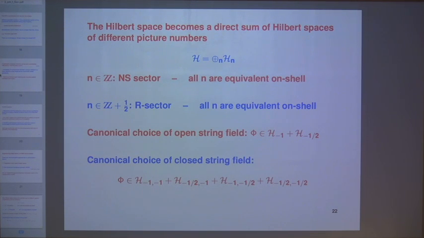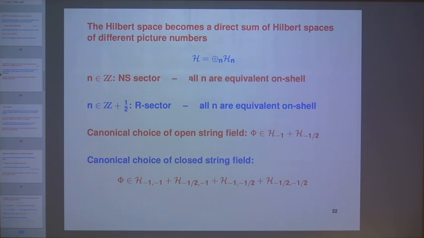So in RNS formulation of superstring field theory, the Hilbert space becomes a direct sum of Hilbert spaces of different picture numbers. So this is a particular quantum number that arises in the RNS formulation, and you can write the Hilbert space as a direct sum of all these Hilbert spaces. This n can be integer that describes an NS sector, or it can be half integer that describes a Ramond sector.